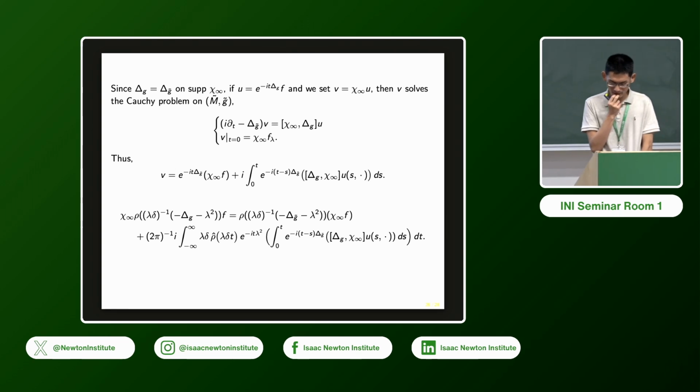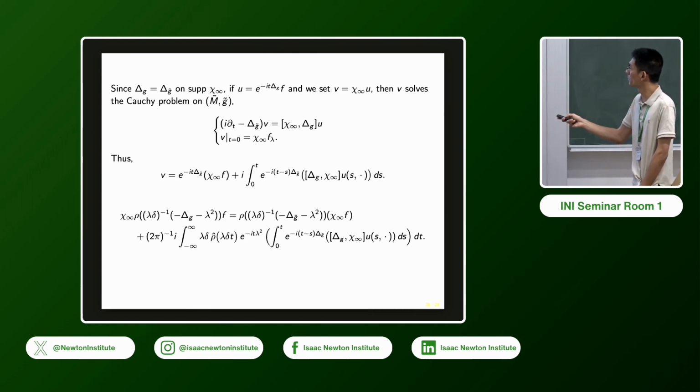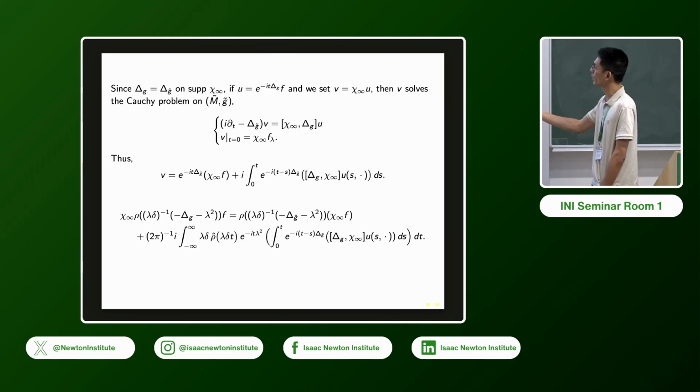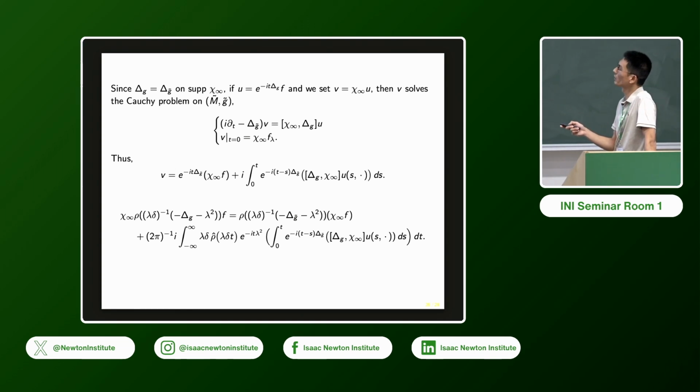So for the non-trapping region, the strategy is if we plug this expression into the previous slides, the spectral projection operator localized to the non-trapping region, the first term will contribute to the first term. The cutoff function will localize to the right-hand side, and we can apply the sharp spectral projection estimates in the good setting, or in the manifold without trapping. This follows, for instance, from earlier work of Chen and Hassell in the non-trapping case.